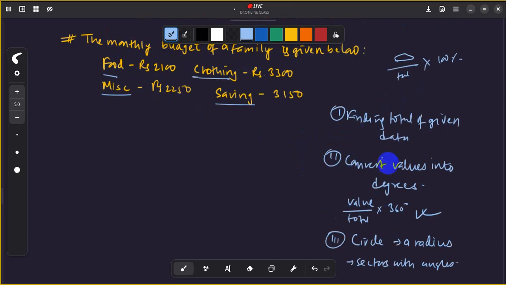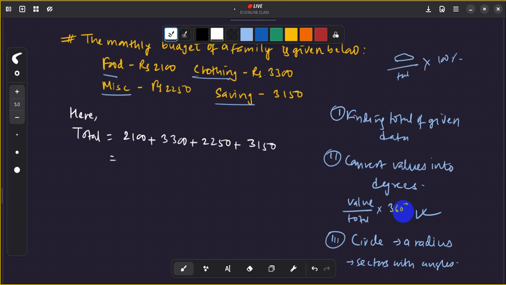Okay, now we will follow the same steps. At first we find the total: food is 2100, clothing is 3300, miscellaneous is 2250, and saving is 3150. Can you add all this?